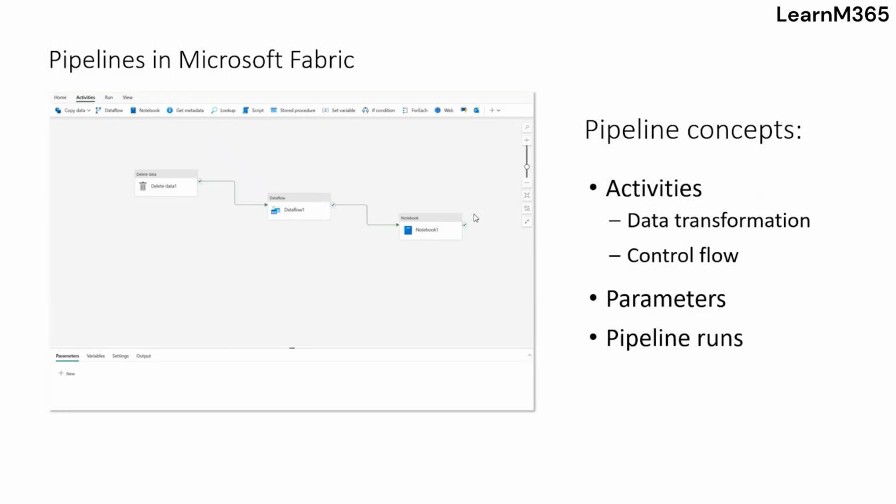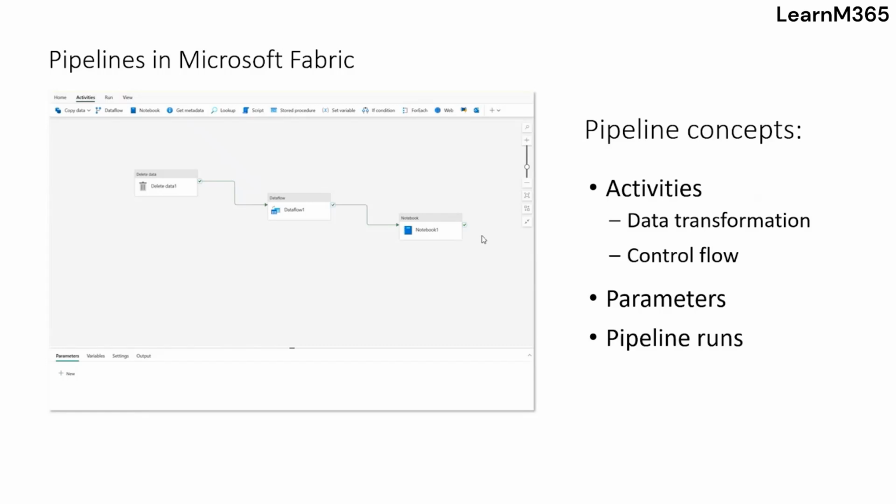Data transformation activities encapsulate data transfer operations, including simple copy data activities, which extract the data from a source and then load it into the destination. It could also include more complex data flow activities that encapsulate Dataflow Gen2, that apply transformation to the data as it is transferred.